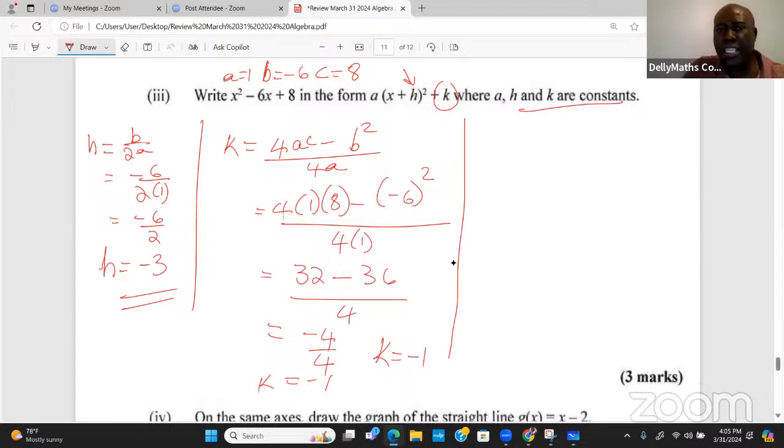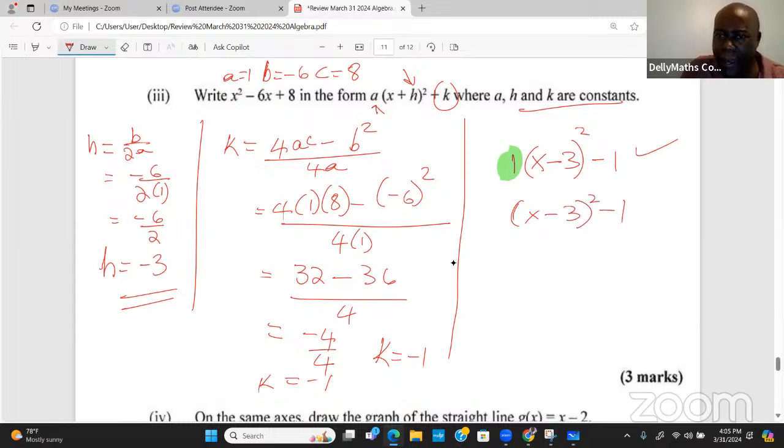Now I'm going to just put this in the format, because this is the format: a outside, and then x is always there. H is -3. The square is always there. And I found the k value to be -1. Normally, because this is a 1 here, and it's multiplying by the bracket, most times we just do this.